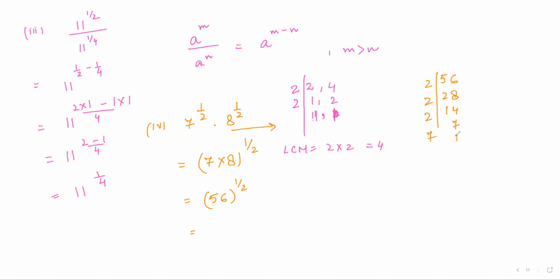No, I think it will not be written as multiples of 2. So you leave it. Please check the answer in the book. It is 56 to the power 1 by 2. Yeah, okay, leave it.